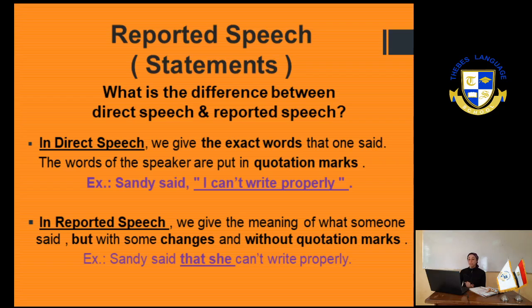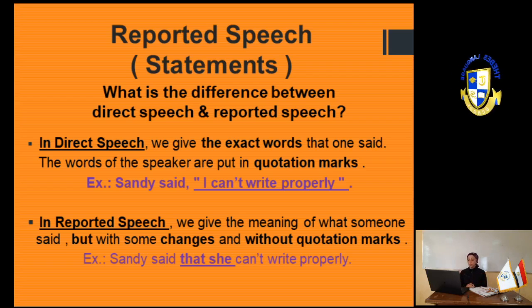Direct speech. In direct speech, we give the exact words that one said. The words of the speaker are in quotation marks, exactly as if you are reading a book or a story and you find quotes. You know the quotes? Okay, so this is the direct speech. You can find the words of the one who was speaking between the quotation marks.